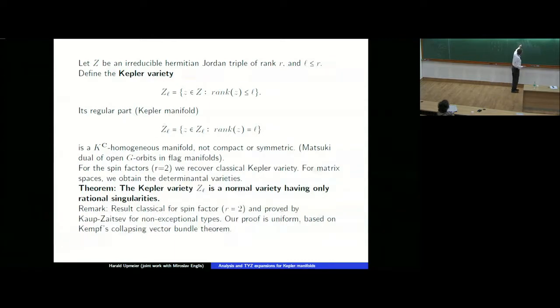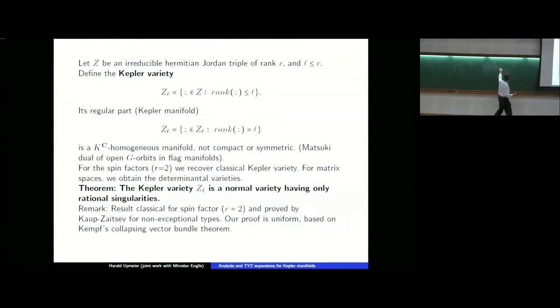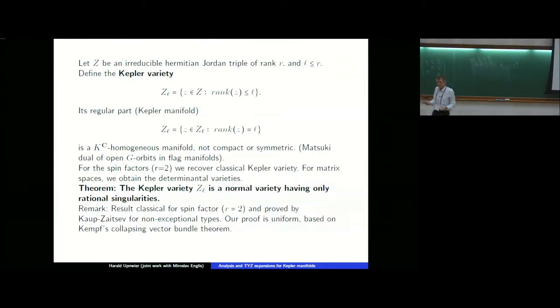The group G has finitely many orbits, and in particular, it has open orbits, and these are called flag domains, the open orbits. There is also another group inside, namely KC. GC contains both the G and the KC, of course. K is the maximal compact subgroup of G, and there is another orbit, KC orbit.